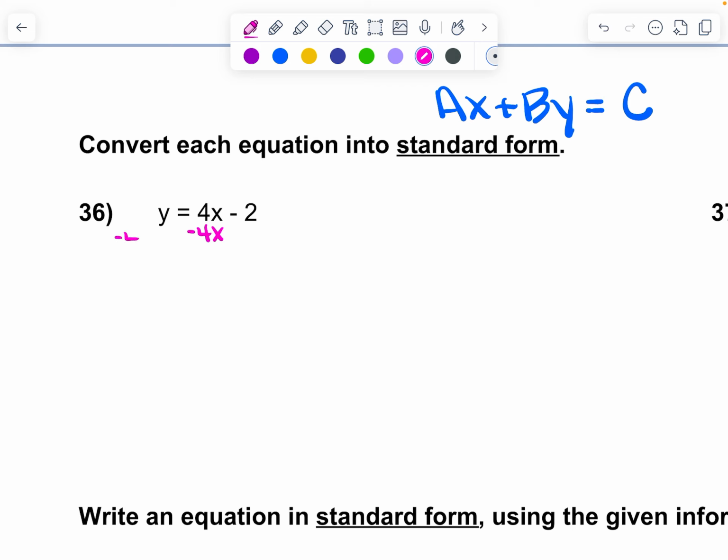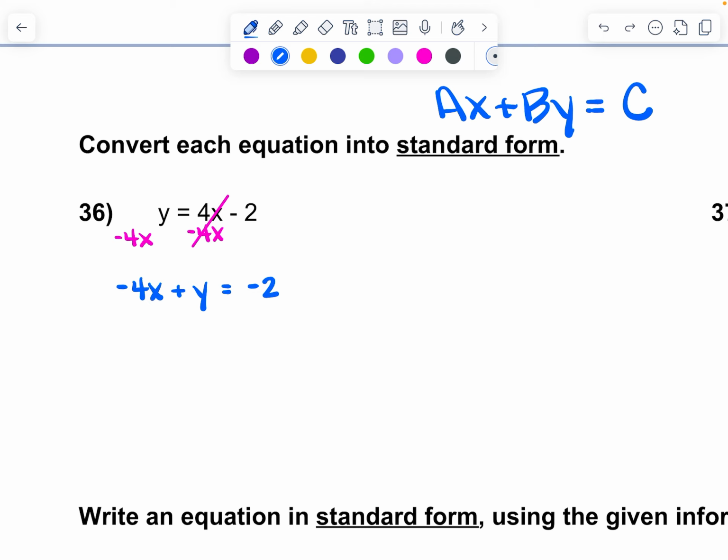If I want to move a positive 4x to the left, I have to subtract it. So that's going to give me negative 4x. That y is positive, so I need to put a plus sign in front of it now because it's in the middle of the problem. And then that is a negative 2. Please make sure you bring the negative down with the 2, okay?